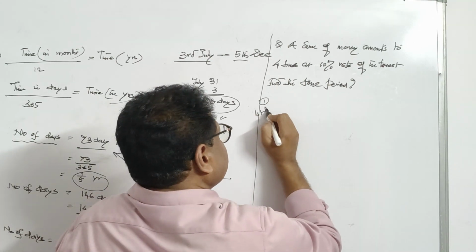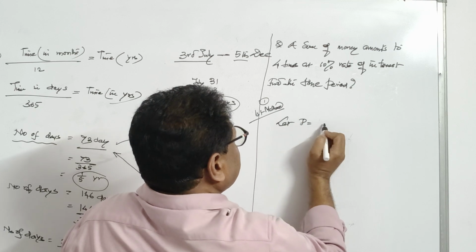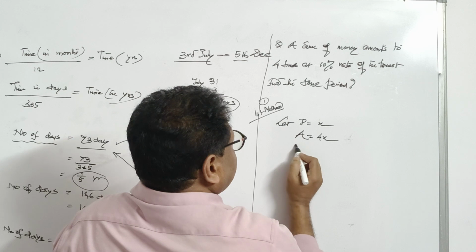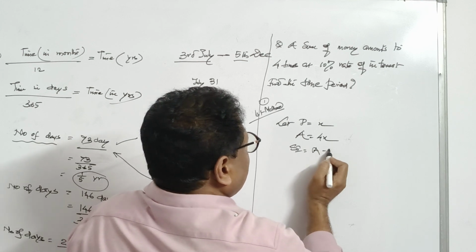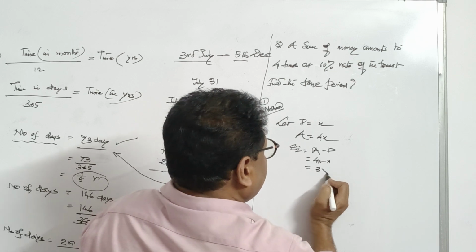Let me discuss the first method by taking x. Let principal be x, amounts to 4 times means amount is 4x. Then the SI will be amount minus principal, that means 4x minus x, that comes to 3x.